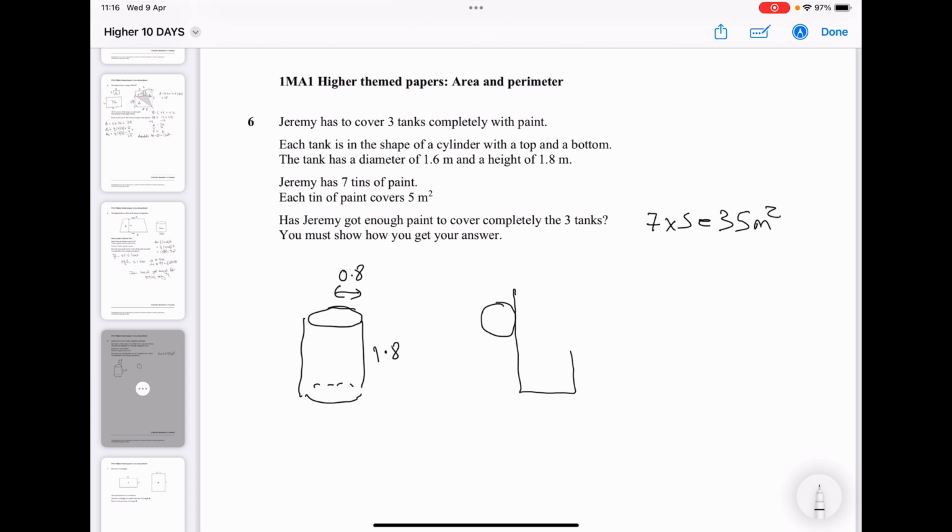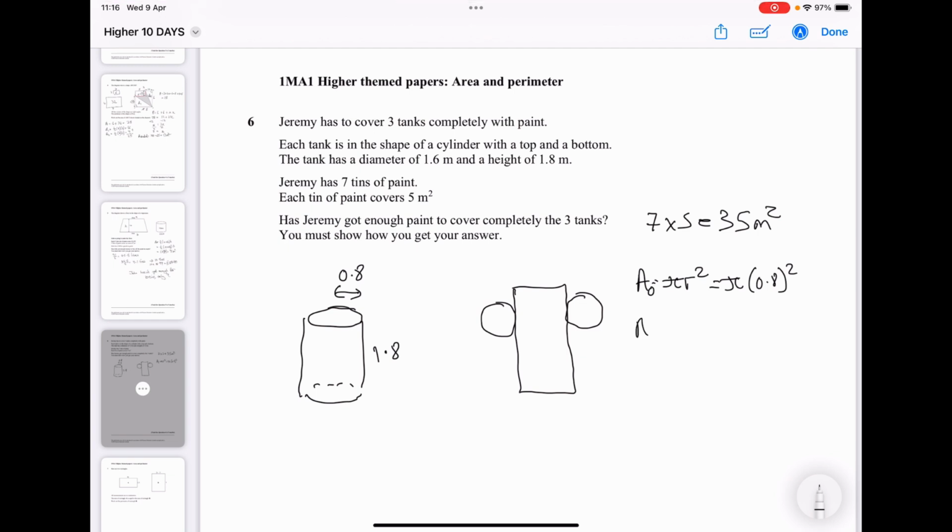So the net of a cylinder is 2 circles. So we've got A equals pi r squared, which is pi, and then r is 0.8 squared. So that's the area of the circle.